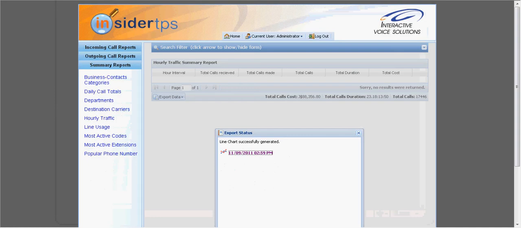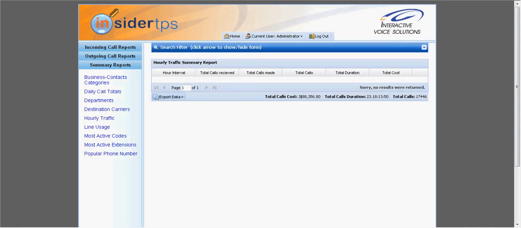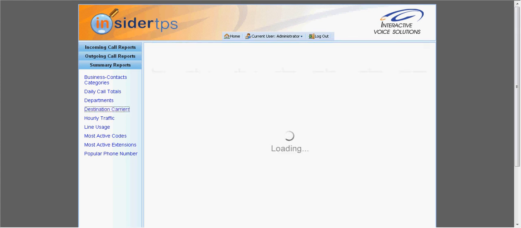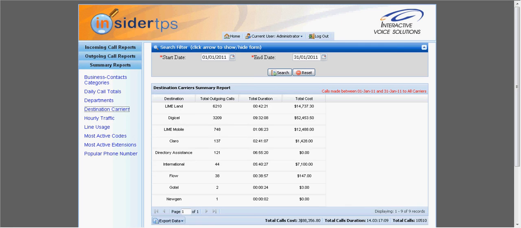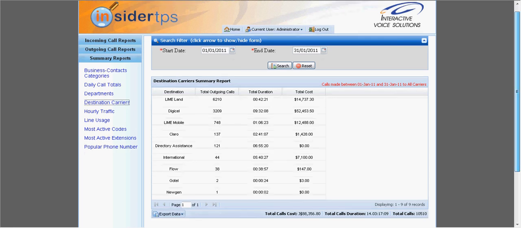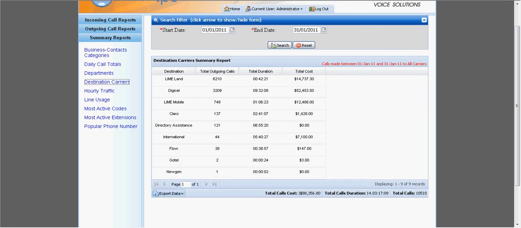In addition to the summary report for hourly traffic, you can also look at the destination carriers report. This summary report will help you to identify the carriers for which you are spending most of your money.